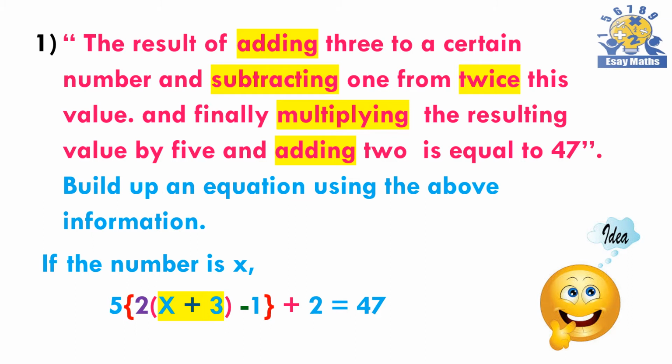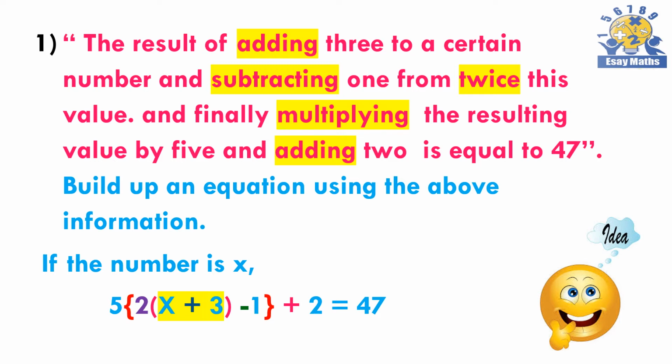And finally multiplying the resulting value by 5. It means again we have to multiply. It means we should use another type of bracket. Second type is curly brackets. So here we should use the curly brackets. 5 into 2, x plus 3 minus 1.